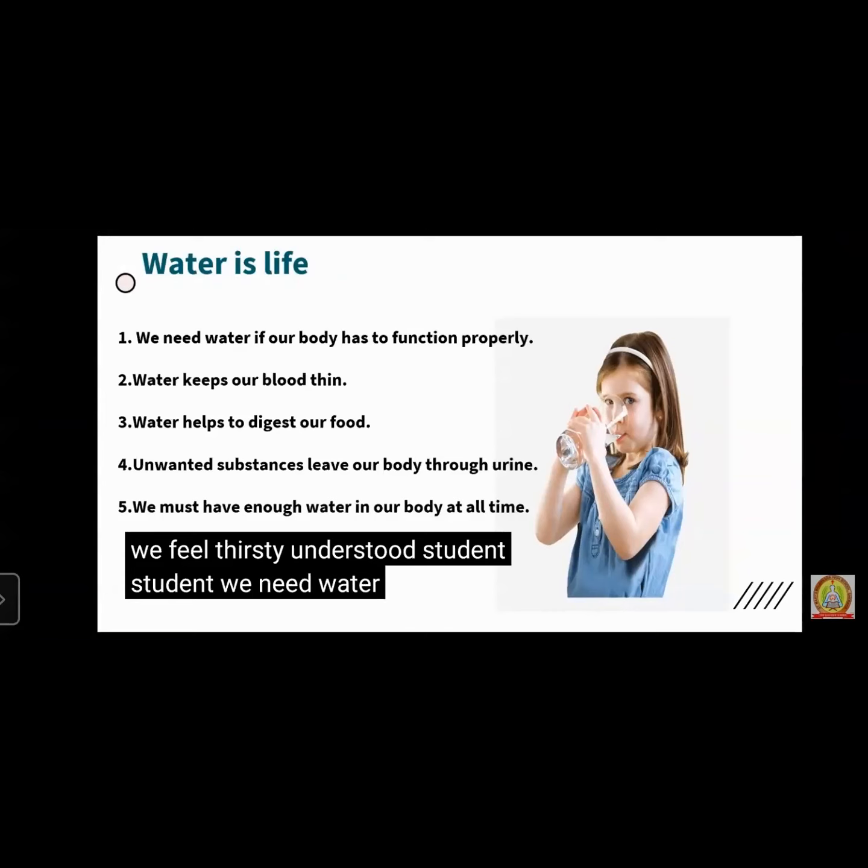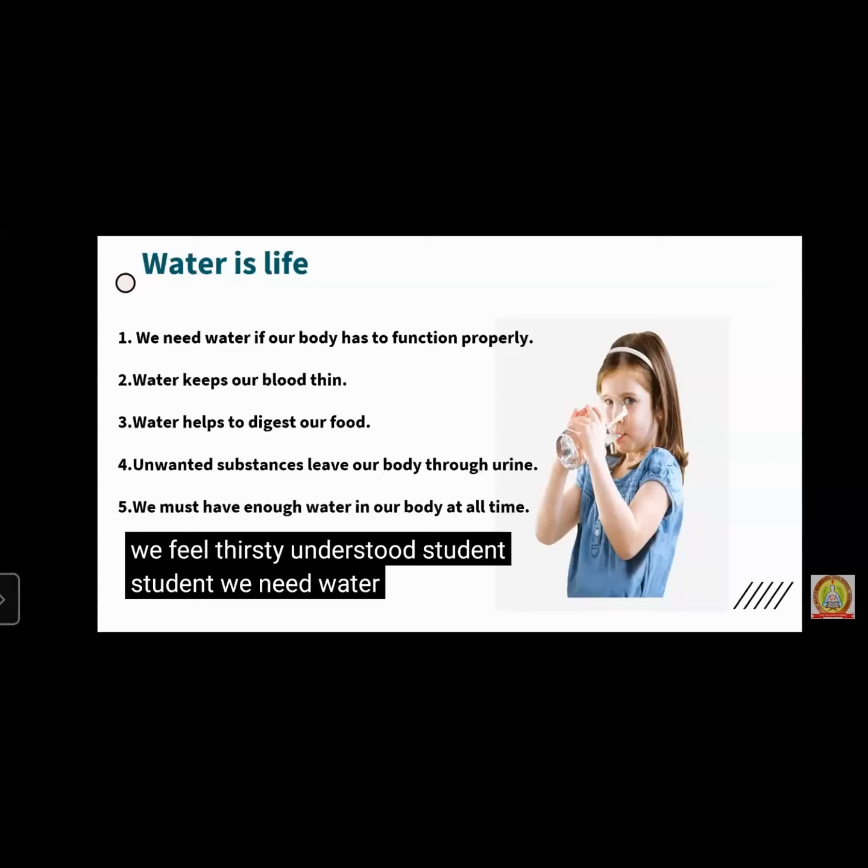We have blood in our body, and water helps our blood to remain thin. And while eating, you need to drink water, because water helps to digest our food. Yes, after eating, after some time, you feel like drinking water because it helps to digest your food.